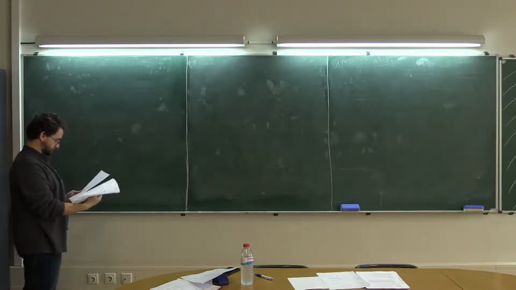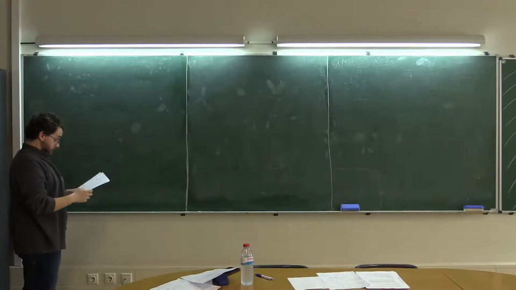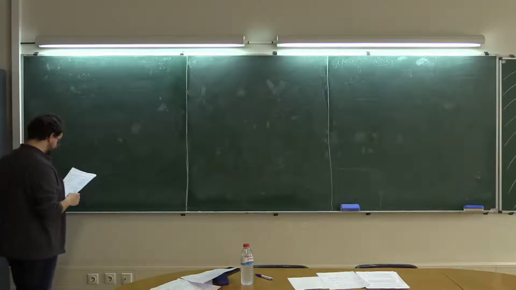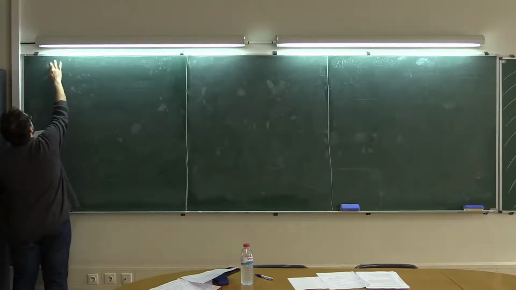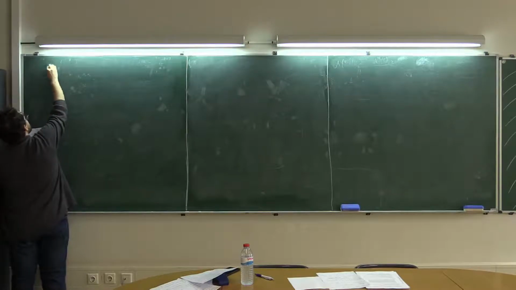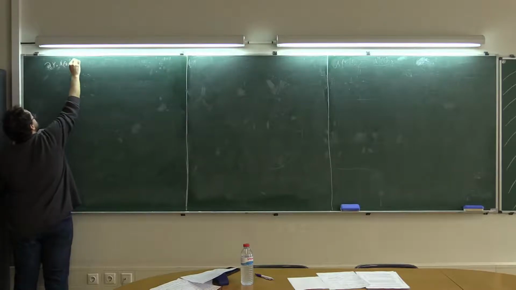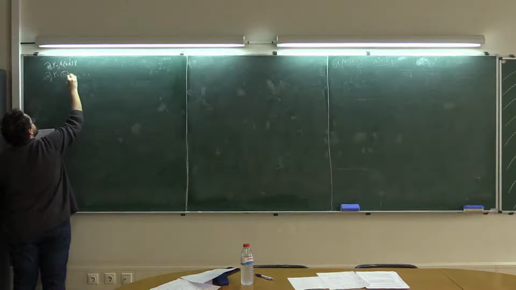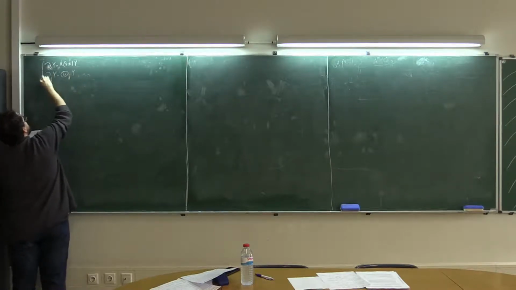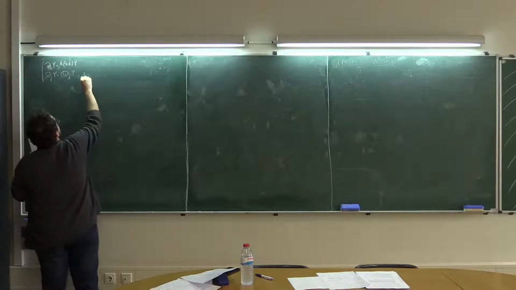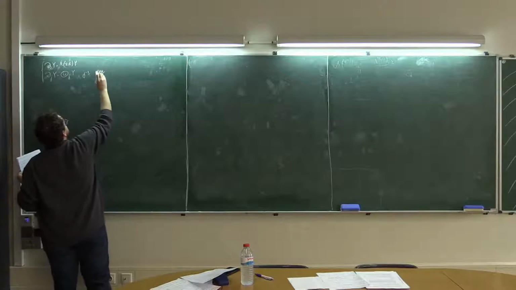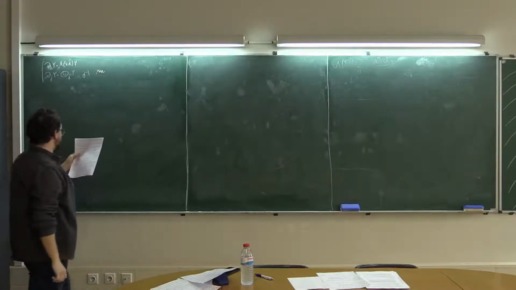So let's summarize what we have understood. We have understood that in order to have a weakly isomonodromic system, we need necessarily to have a joint system of equations, as many equations as deformation parameters.